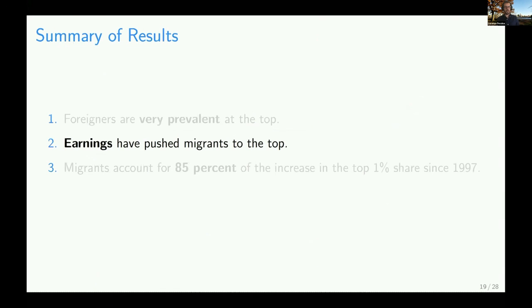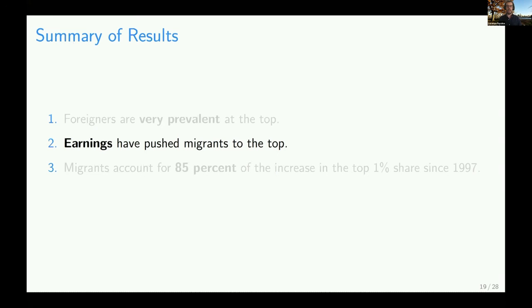Let me move to the second set of results, where we show that it is earnings that are pushing migrants to the top. When you see these graphs that I just showed you, you could ask yourself what migrants are doing when they come to the UK. And indeed, one might think that these migrants are already migrating to the UK very rich. For example, there are well-known examples of very rich migrants to the UK, such as Roman Abramovich or the CEO of ArcelorMittal.